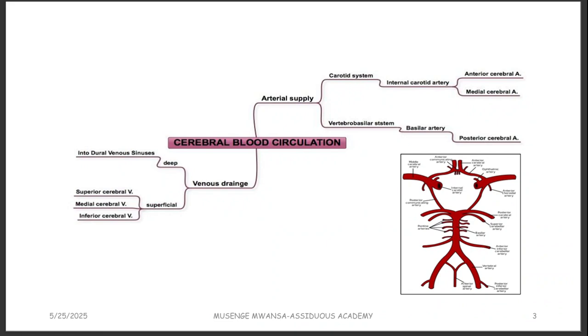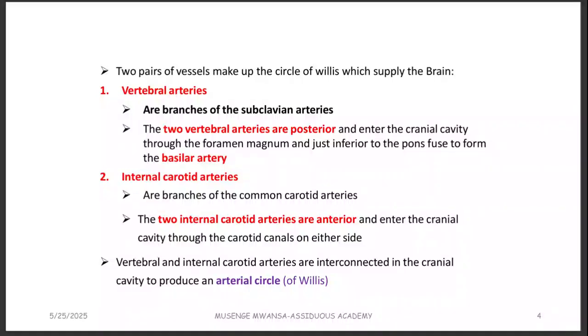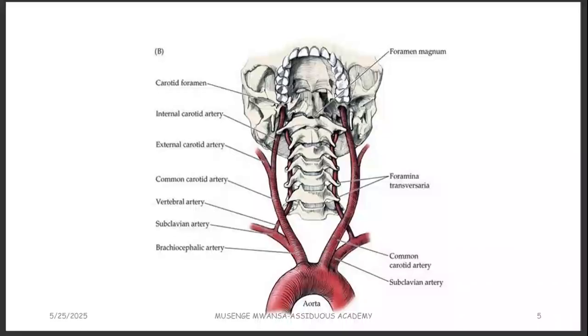And then the vertebral artery will give you the posterior cerebral, which is supplying the back of the brain.